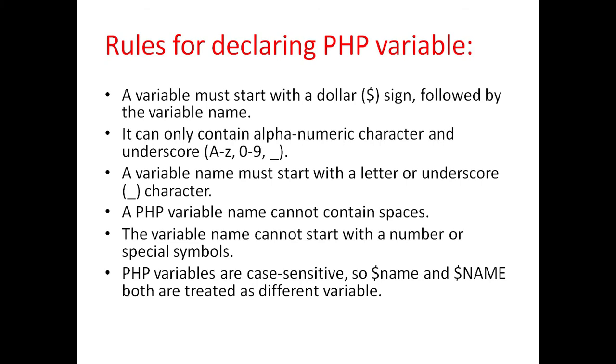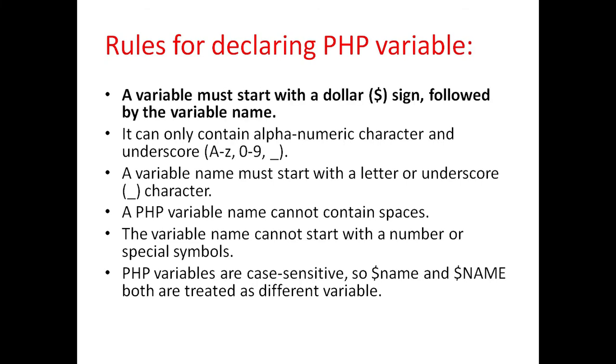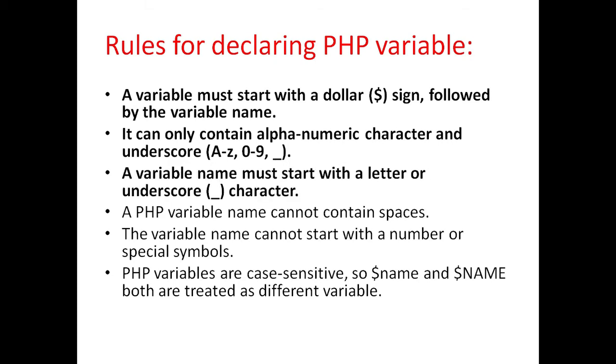Rules for declaring PHP variables are: a variable must start with the $ sign followed by the variable name. It can only contain alphanumeric characters and underscore. A variable name must start with a letter or underscore character.